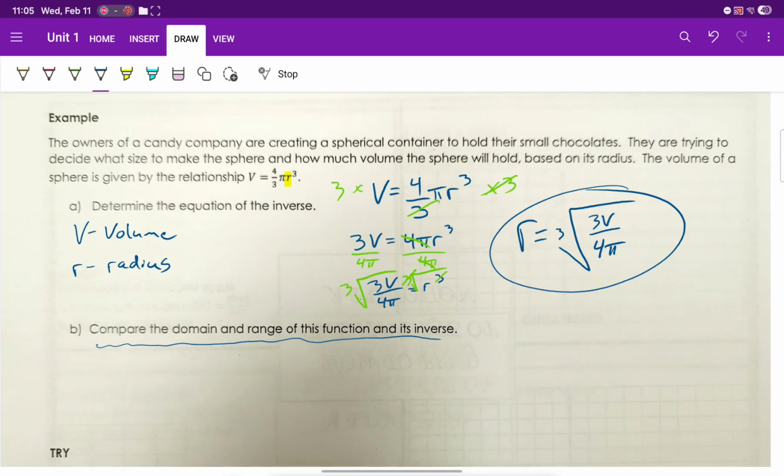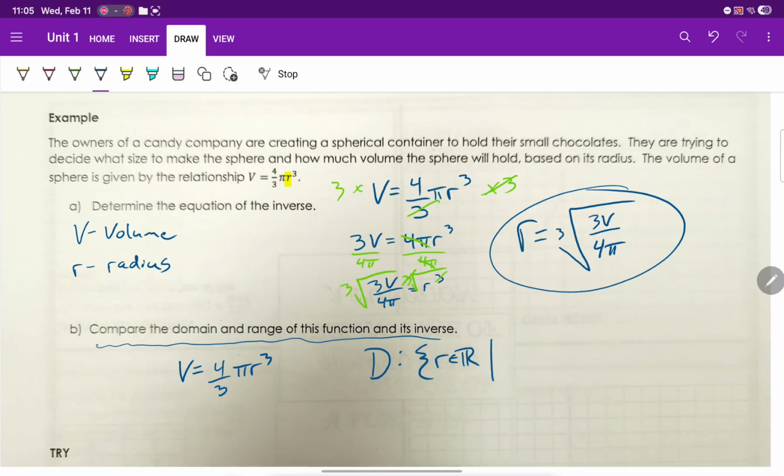So when we look at our domain in our original function, remember our original function was v equals 4 over 3 pi r cubed. Our domain is going to be related to our r value. So r is going to be our independent variable, which relates to our domain.